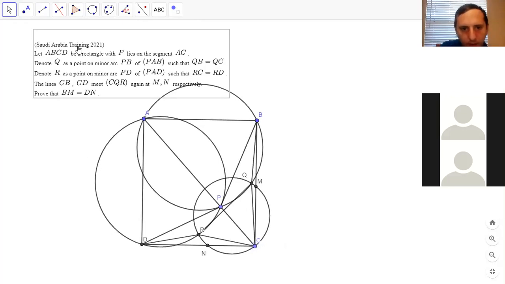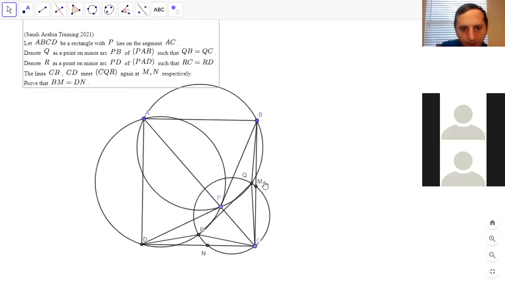So we want to show BM is equal to DN. We could use power of a point, because BM times BC is the power of B with respect to the circle.